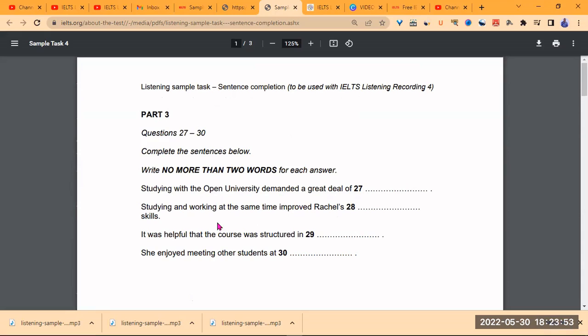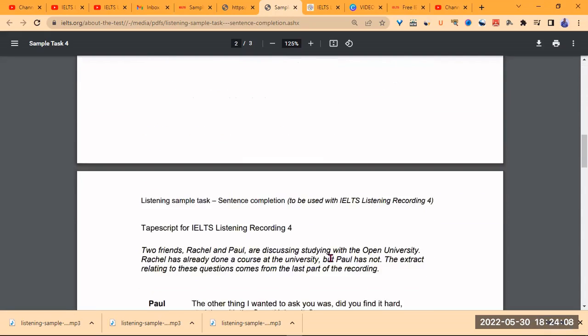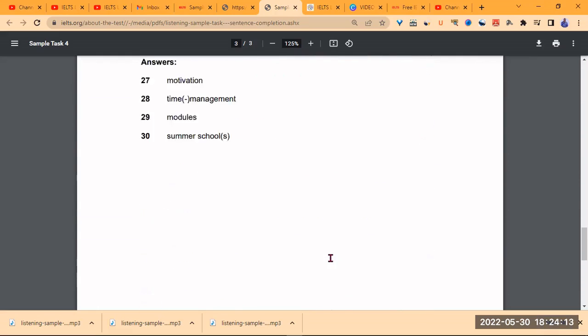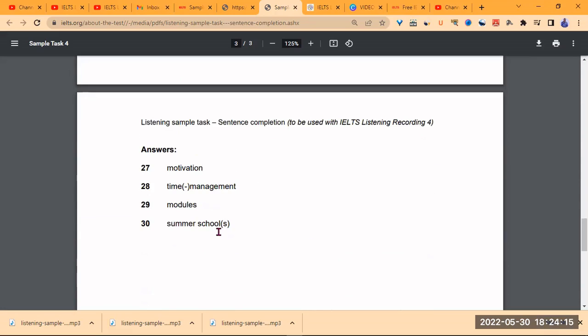We had it. And studying and working at the same time improved Rachel's time management, all right? It was helpful that the course was structured in modules. She enjoyed meeting other students at the summer schools, all right? So you can see that's exactly the way it is. So you can see all this.